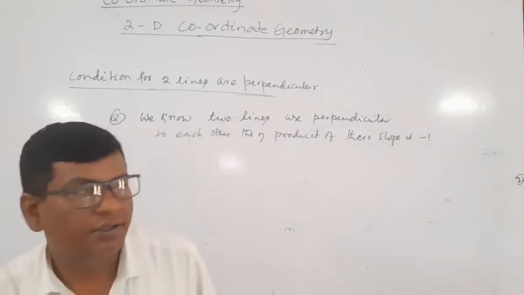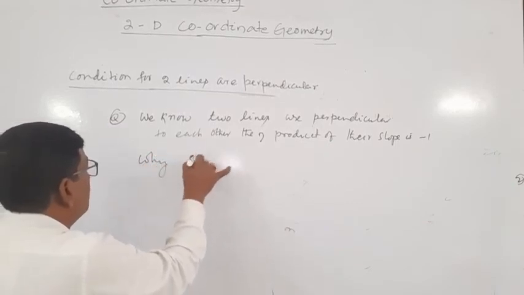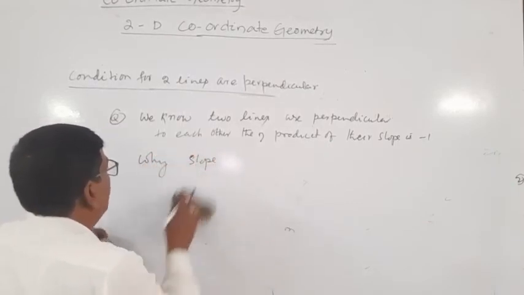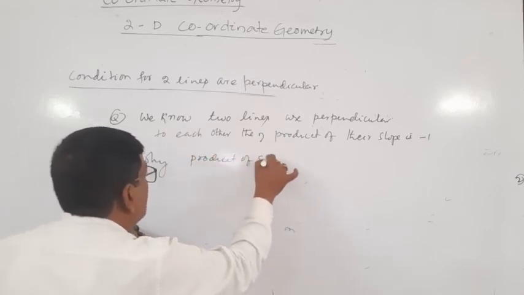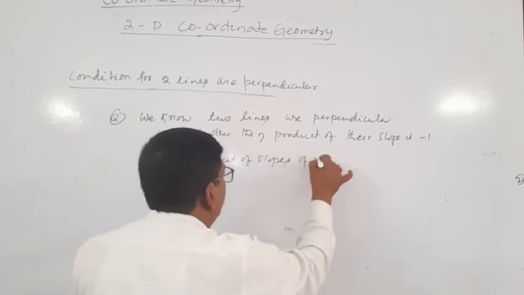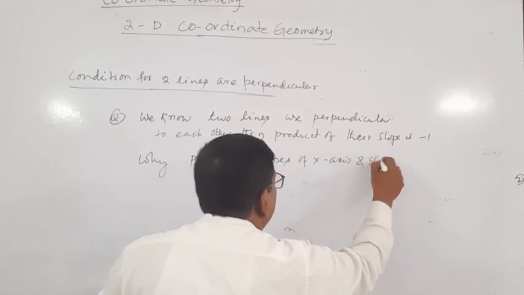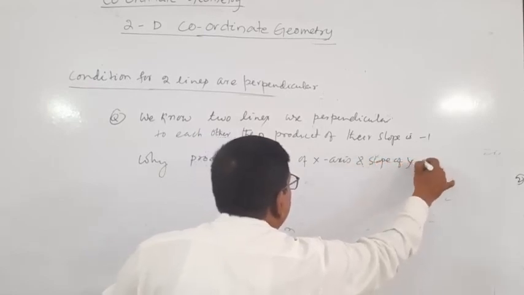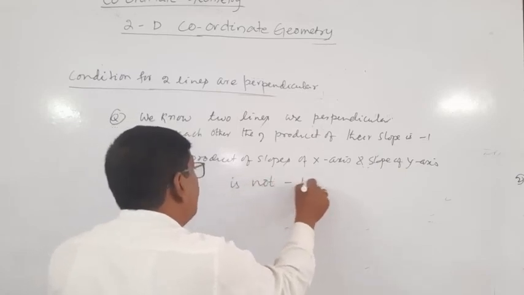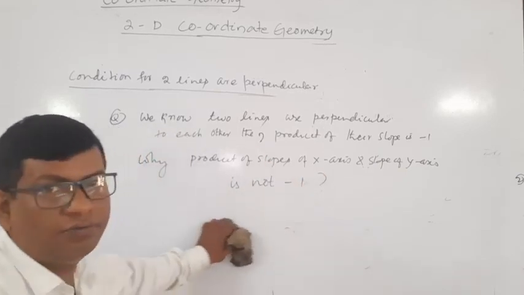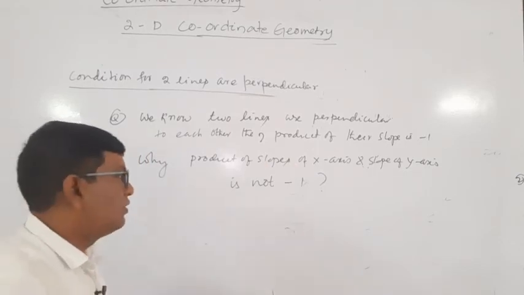Why is the product of the slope of the x-axis and the slope of the y-axis not minus 1? This is a big question for you. We know if two lines are perpendicular, then the product of their slopes is minus 1.